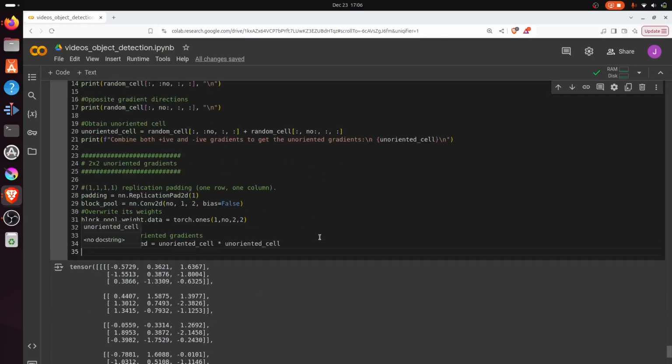Let's also visualize this. Let's print this, and we're going to get the block pool. Exactly what we need to do. Let's just print the previous result, the squared unoriented gradients.